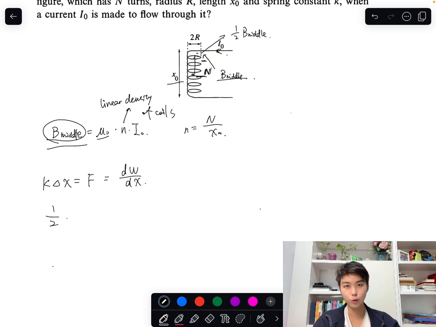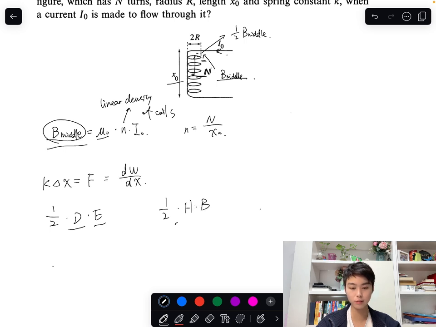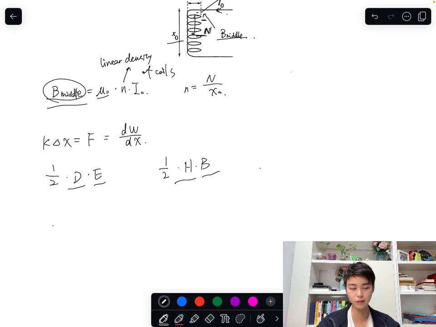Okay, and just remember, how can we calculate the energy density of an electric field? We use 1/2 times D, the displacement vector, times E. And so in a magnetic field we use 1/2 times H times B, where H is the magnetic field strength and B is the magnetic flux density.